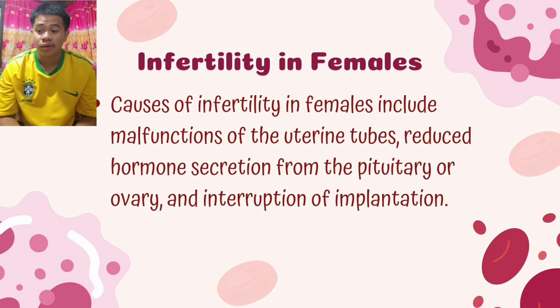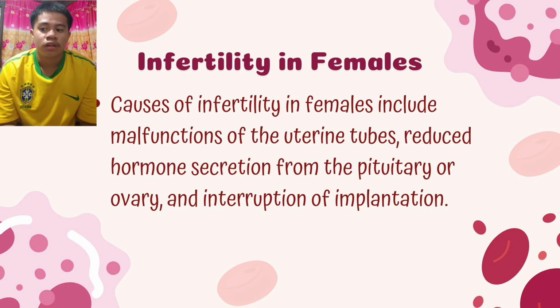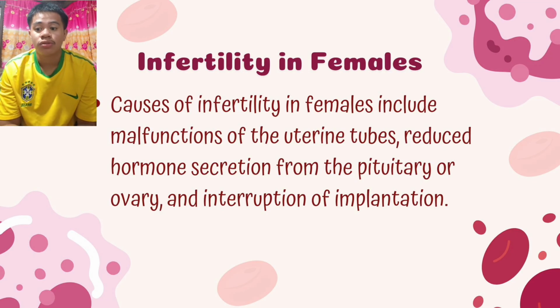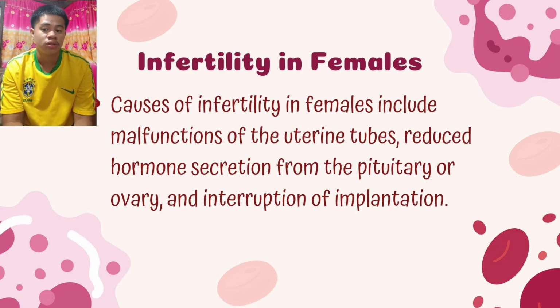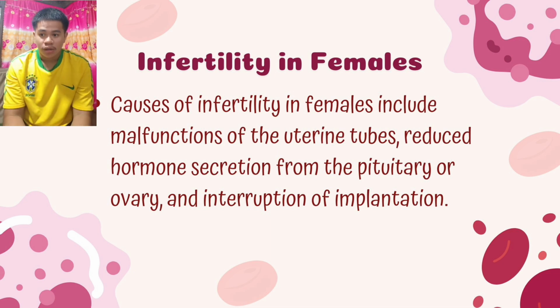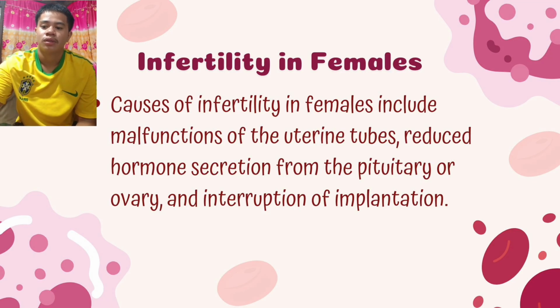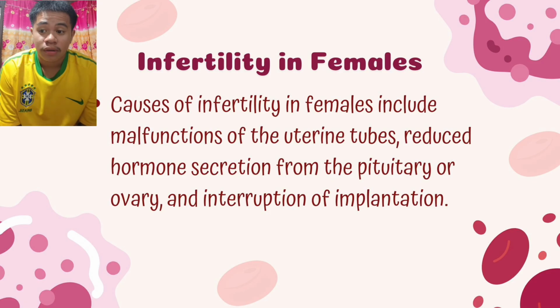And next, ma'am, we have the fourth one, which is infertility in females. Definition: causes of infertility in females include malfunctions of the uterine tubes, reduced hormone secretion from the pituitary or ovary, and the interruption of implantation.